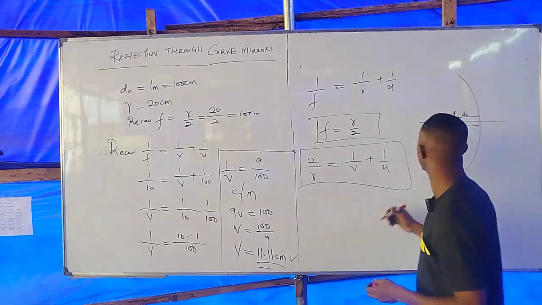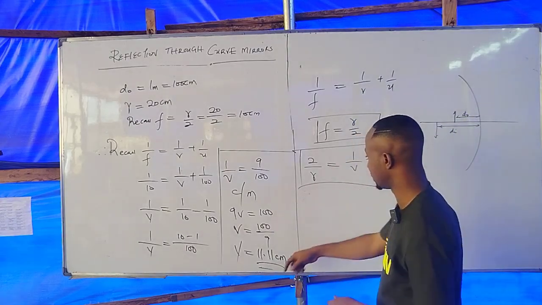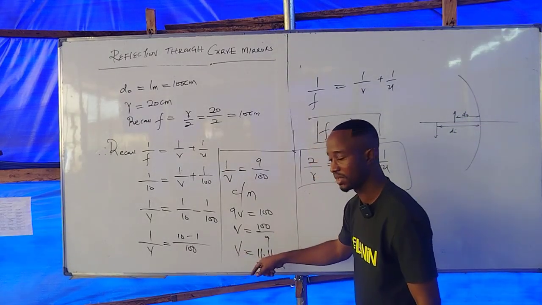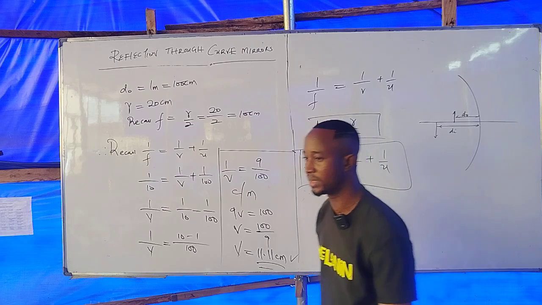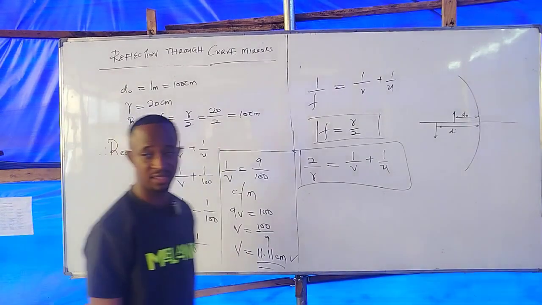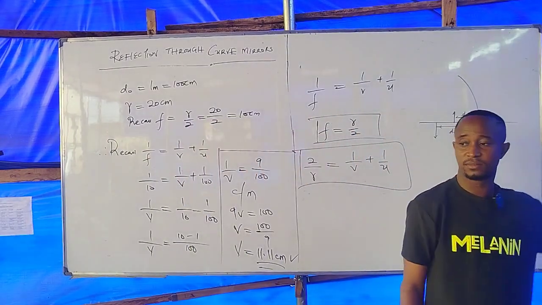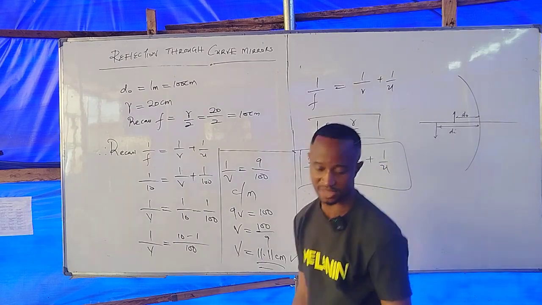So position means where the object is located, or where the image is located. So the position of the image is the distance of the image from the mirror. It's an image distance.